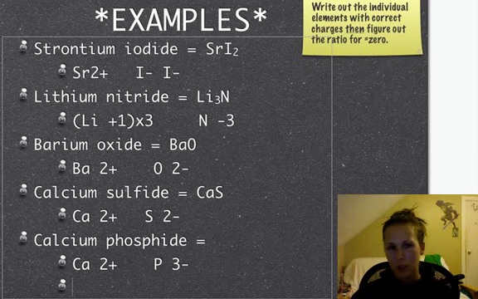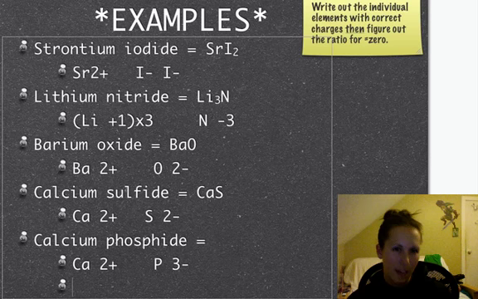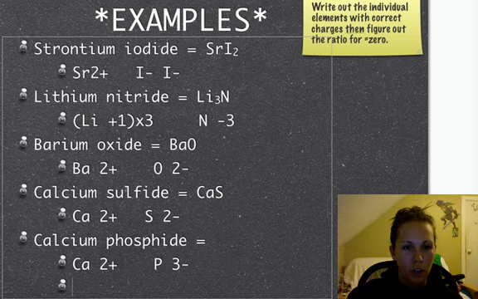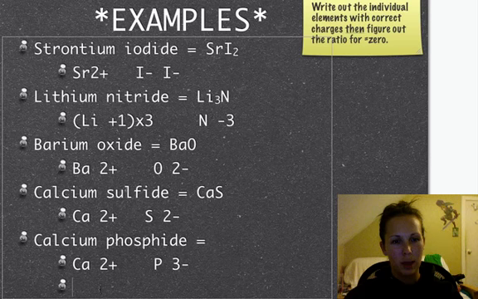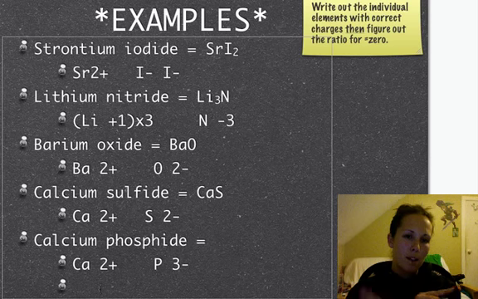I'm going to give myself a little more space. If we use a crisscross method, which you are going to practice probably next week, not this week, we look at the charges on the cation and the charges on the anion, and we crisscross them. If calcium is +2 and phosphorus is -3, then they'll have to have the opposite number of each other.